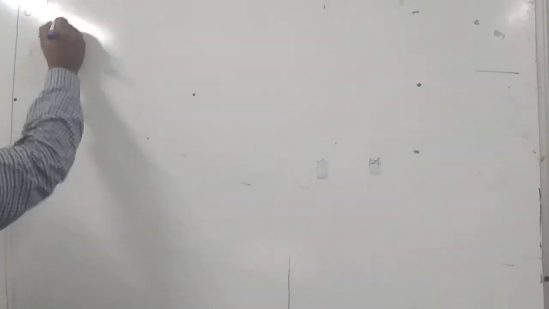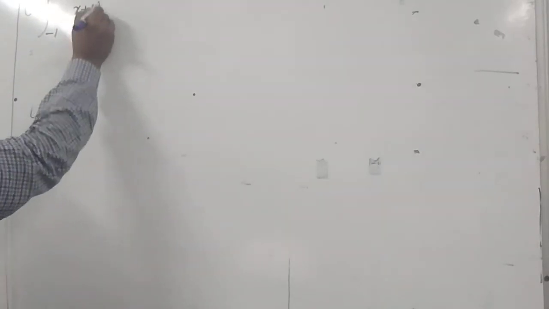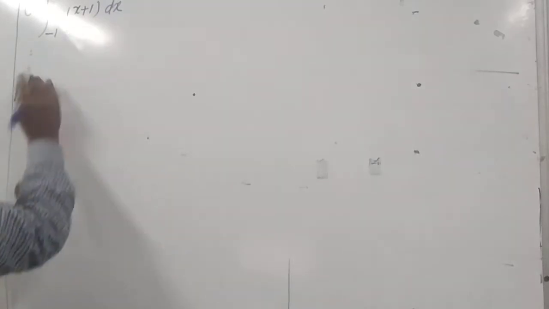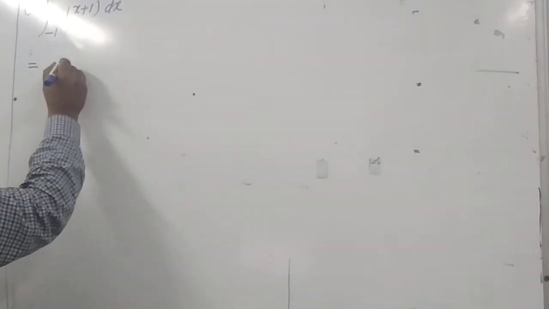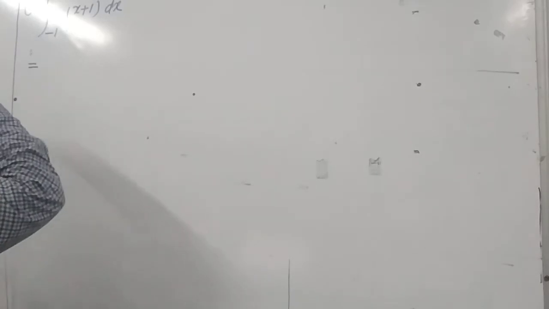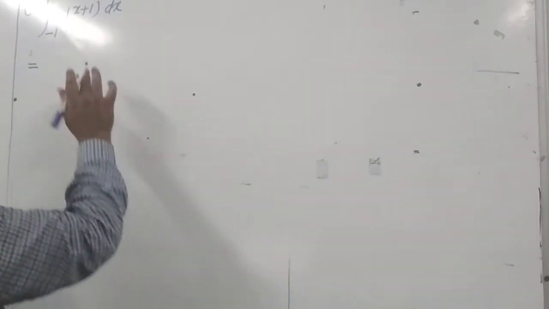I am taking some questions from the exercise. Very first question: the integral from minus 1 to 1 of (x plus 1) dx. Just apply the simple integral, whatever we are already doing in the integral portion.